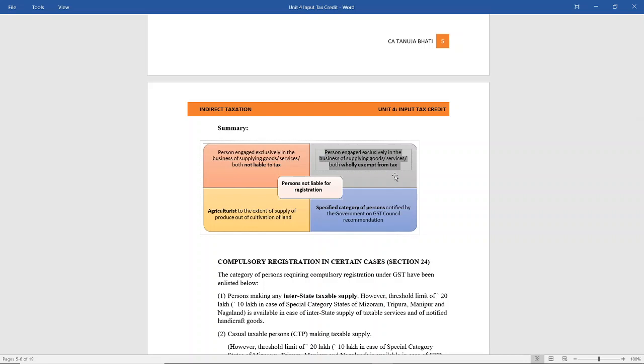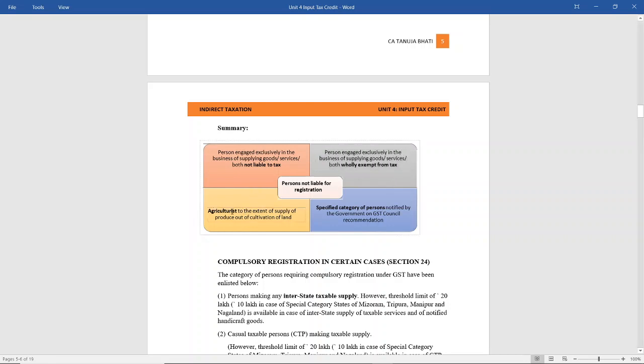Now suppose I am selling unbranded maida, atta, all daily necessity items, food items, dairy products. Now, it is wholly exempt from tax. Do I need to get myself registered under GST? Simple answer is no, because I am providing goods which are wholly exempt from tax.